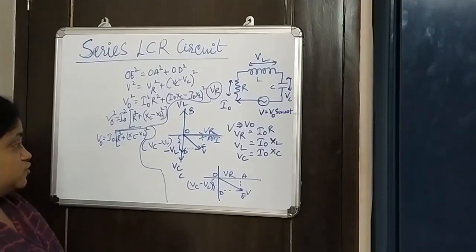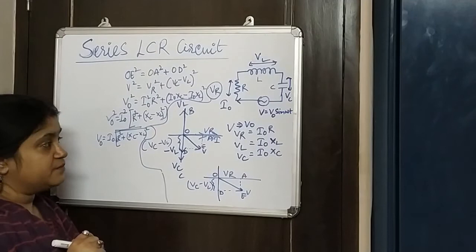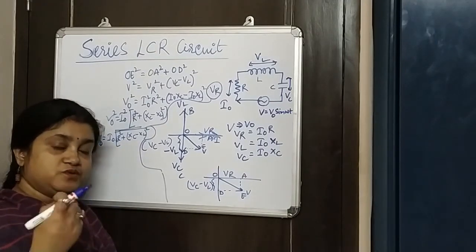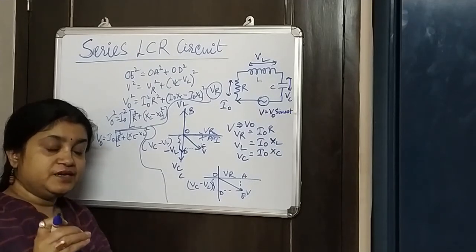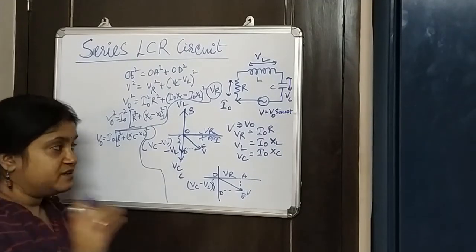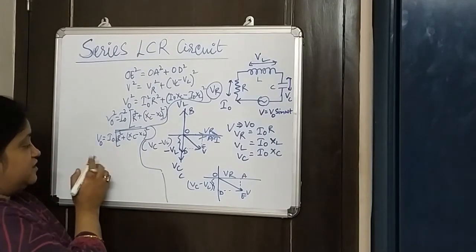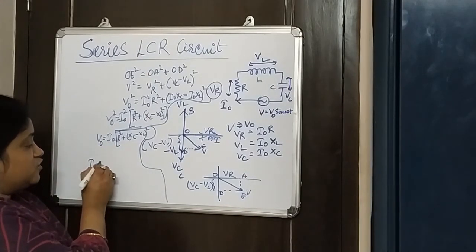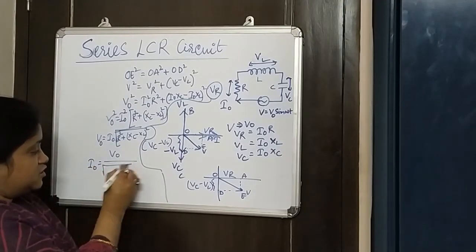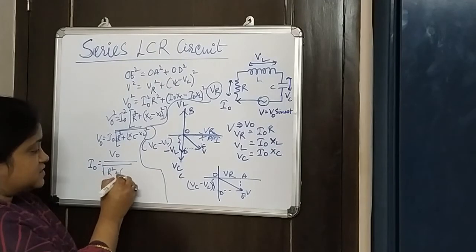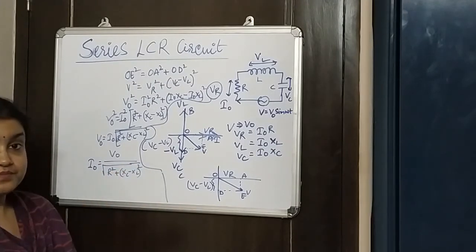So you see here it's a very important term that is coming out, and as always we will first start to look at the current, right? We'll look at the peak current that is coming out from this circuit, and this peak current I naught is equal to V naught by this whole term, which is root over of R square plus XC minus XL whole square.